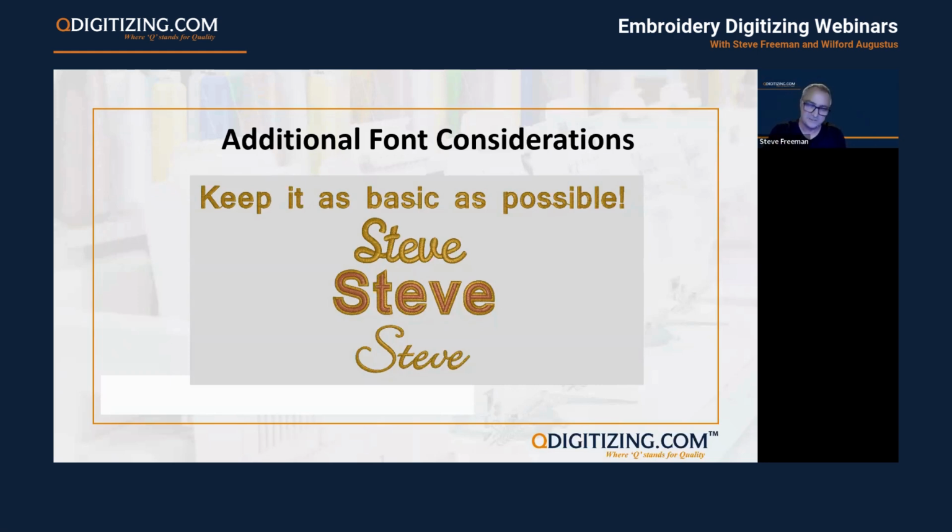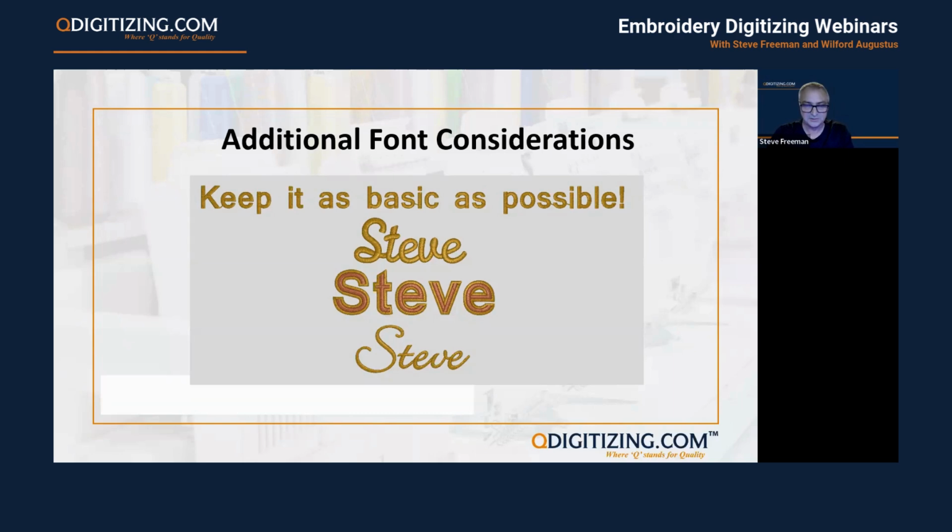Okay. I mean, you can sometimes cheat and do a walk stitch border, but I'm here to tell you, of all the quality concerns that we hear about with QDigitizing, a very high majority of them are people who don't like the way that walk stitch borders look on small text.